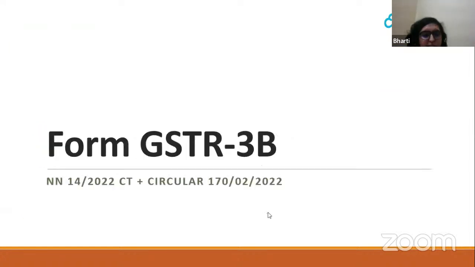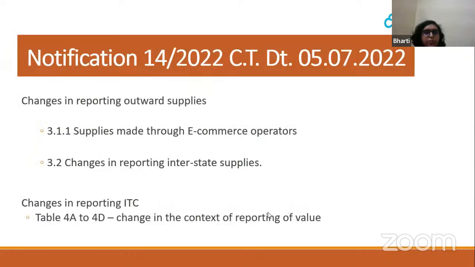Now talking about the changes in GSTR-3B. The changes have been notified by notification 14/2022 central tax, and clarification has been given through circular 170/02/2022. The notification was issued on 5th of July 2022.